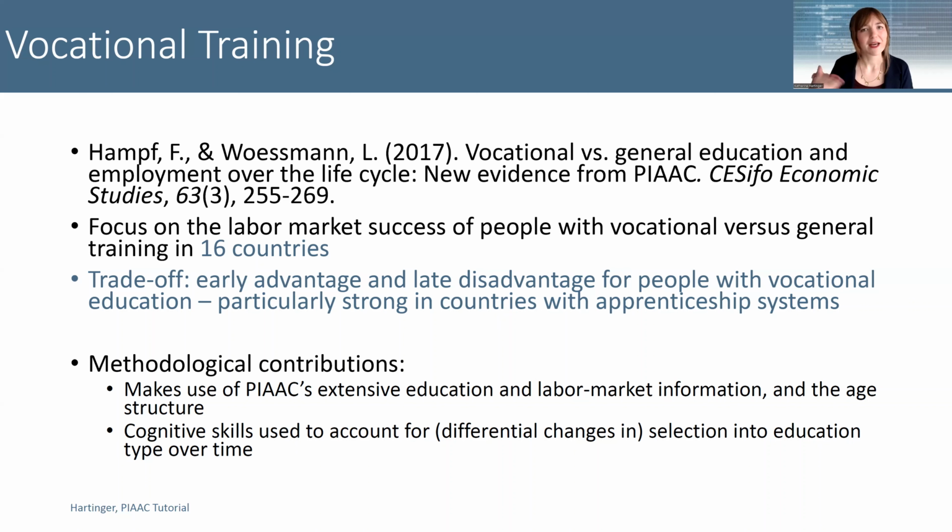So you can see a lot of high potential features of PIAAC outlined in this paper, including the rich career information, the detailed education information, as well as the age structure that covers a whole wide age range.